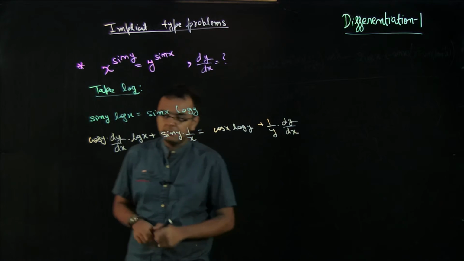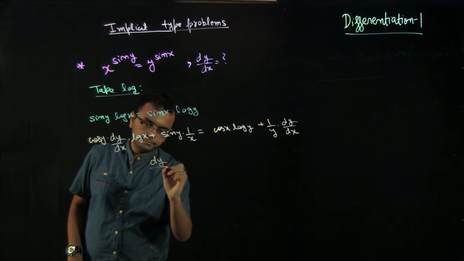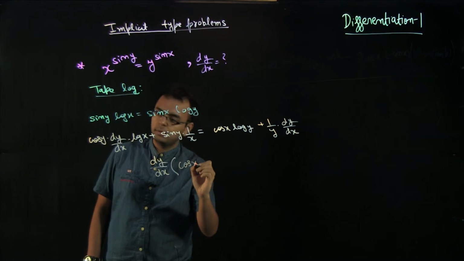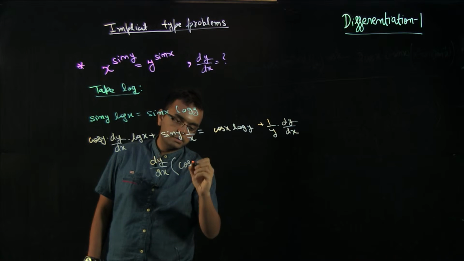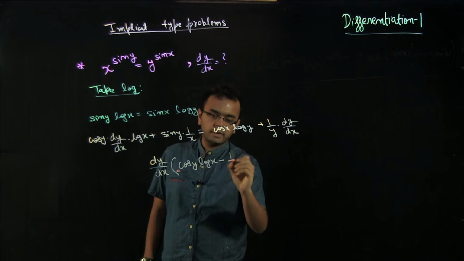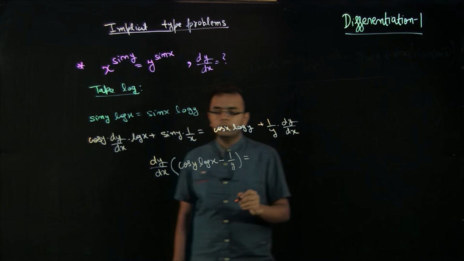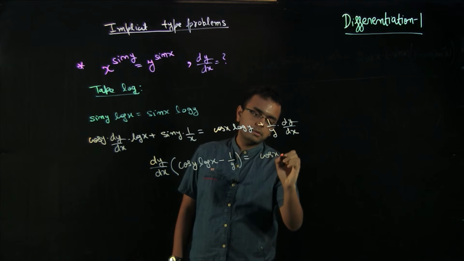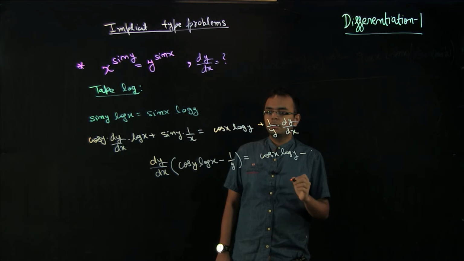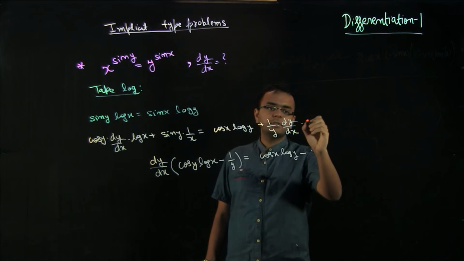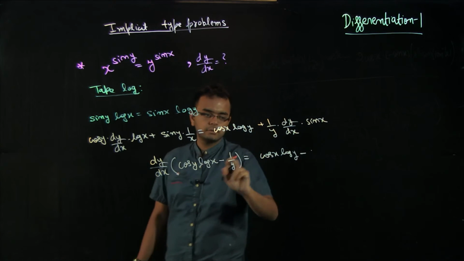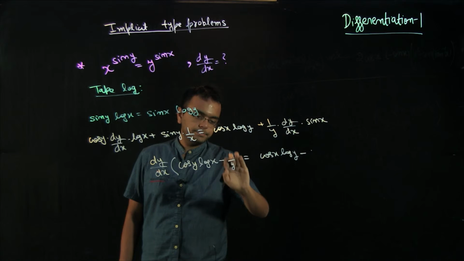You can then club the dy by dx terms together, which means this would be cos y log x minus 1 by y is equal to cos x log y minus. I think here there will also be sine x, because I have differentiated with respect to y and multiplied by sine x. So sorry, here there will also be sine x.